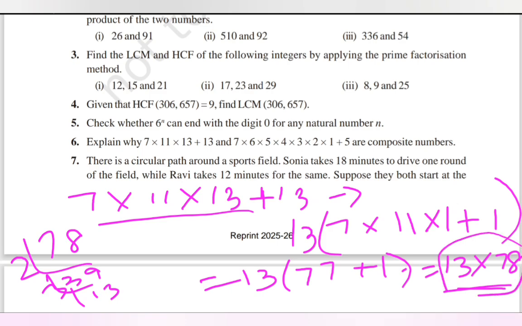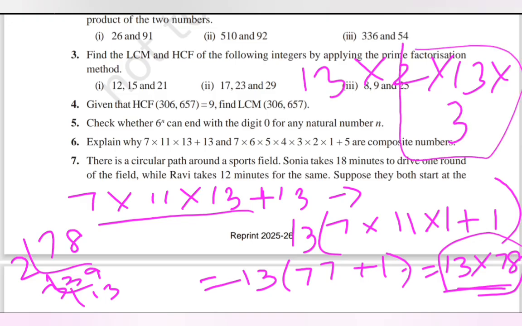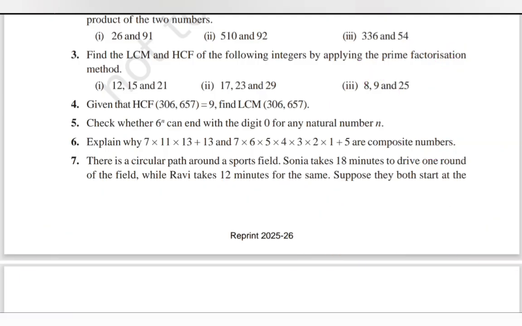So let's take the prime factors of 78. 3 2s are 6, 2 9s are 18, 3 13s are 39. So the prime factorization of 78 is 2 into 3 into 13. So the number is 13 into 2 into 3 into 13. If we multiply 13 and 78, we get a large number which has more than two prime factors. That is why it is proved to be a composite number. That's it. Now the next number.